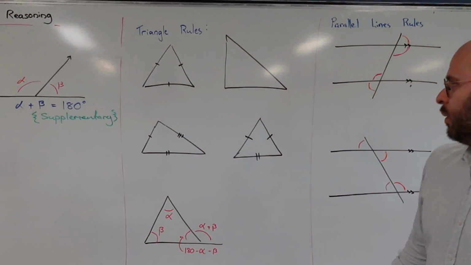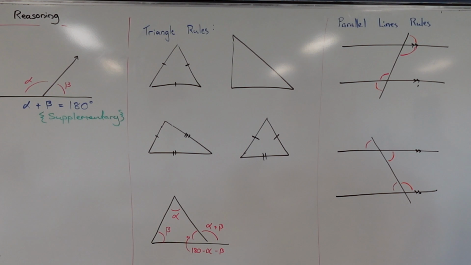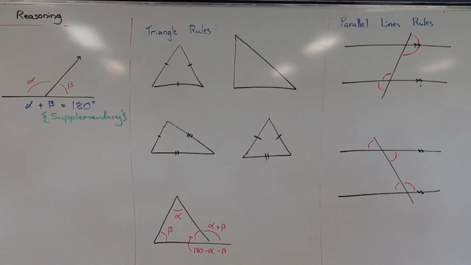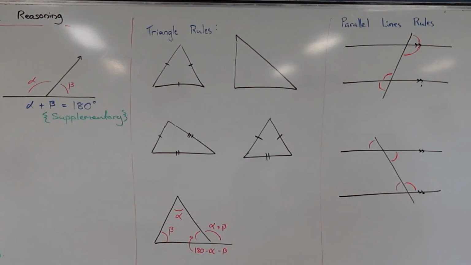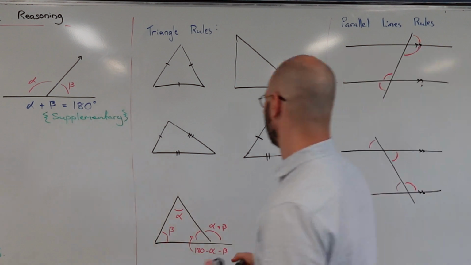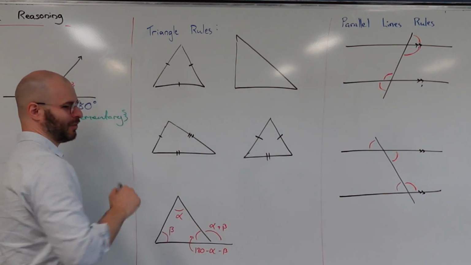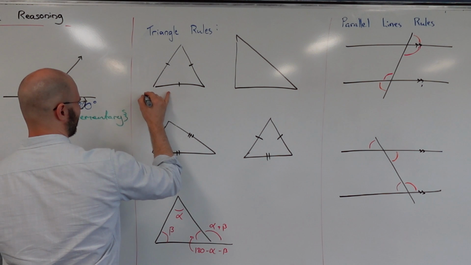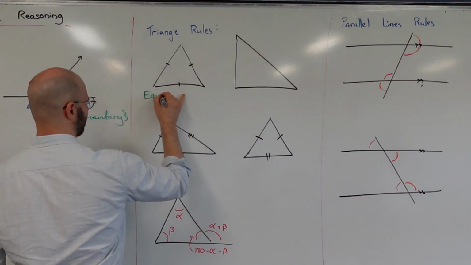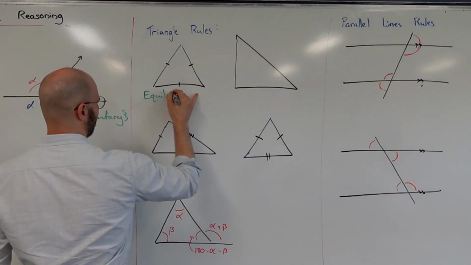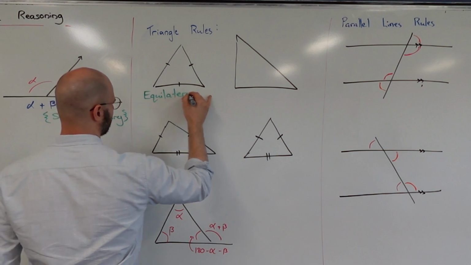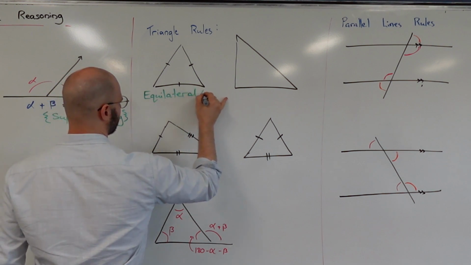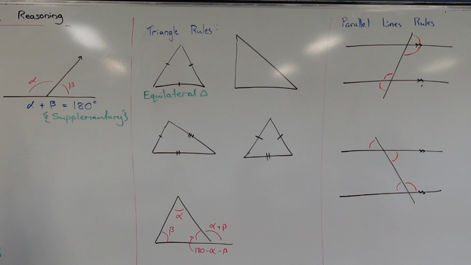Okay, so we move along and we're focused on our triangles now. Do you remember your triangles? If all the sides of a triangle are the same, what do we call it? Equilateral. So it's an equilateral triangle. Why? Because all the sides are the same.